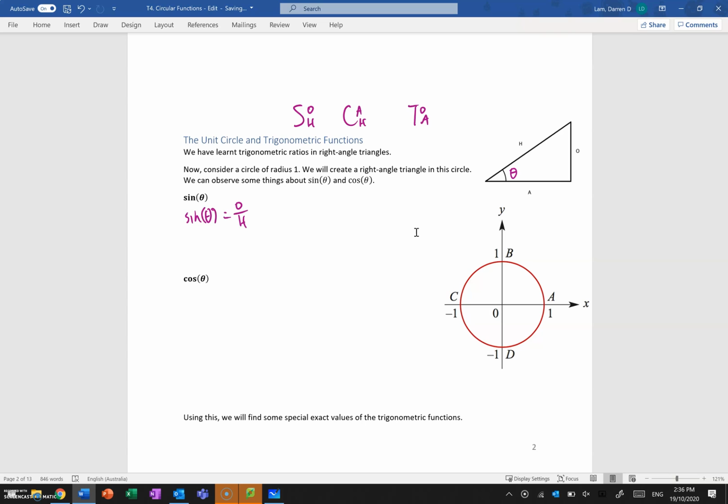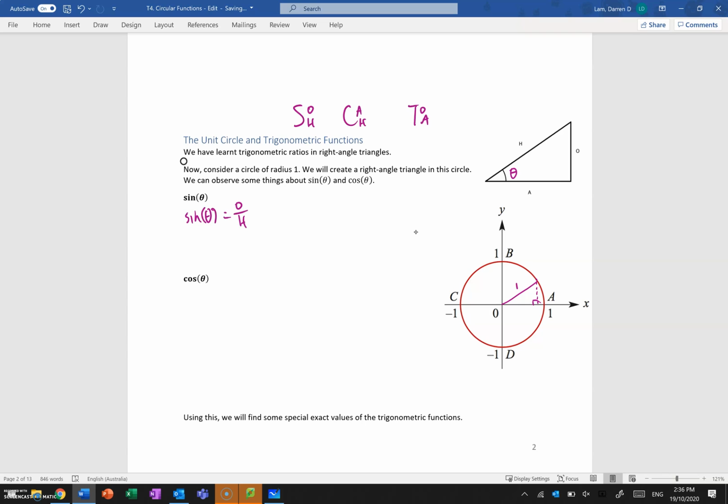But what happens if we have a unit circle where the radius is 1? Last time we talked about how it's called the unit circle because it has a radius of a single unit. If I draw a line like this, replicating the triangle above, we have a radius of 1.